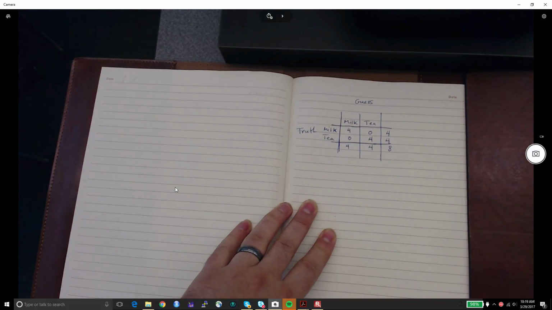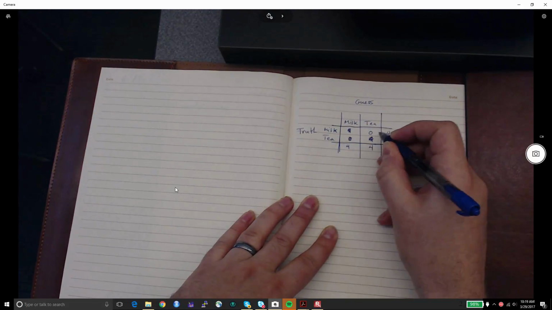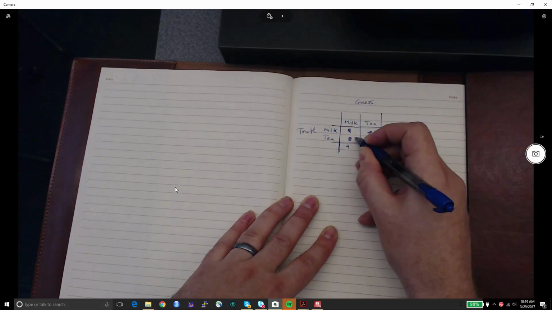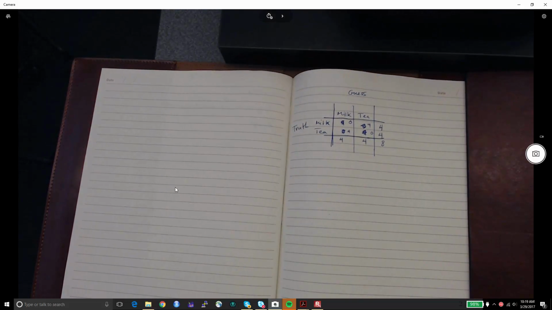Or if they were anti-skilled, if they had things reversed, they could be 4 here, 4 here, and 0 here, and 0 here. But of course, there are lots of other arrangements that could lead to the same margins.